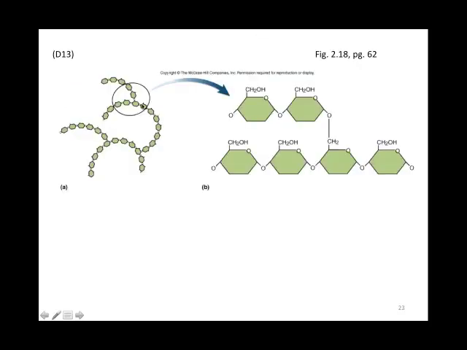All right. The other thing then is if we have more than two monomers that are joined together, and we're talking about carbohydrates, those would be called polysaccharides, meaning more than one sugar joined together. And what we're looking at here is a very common polysaccharide found stored in human muscle and the liver called glycogen.